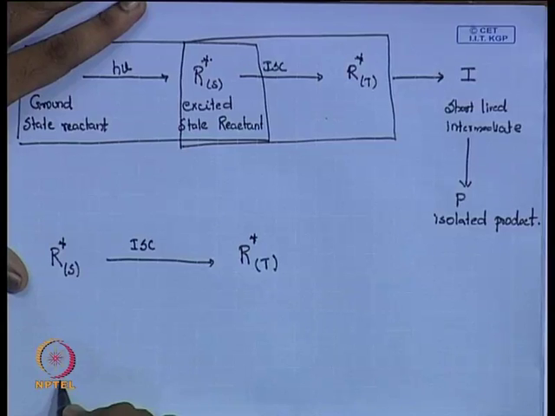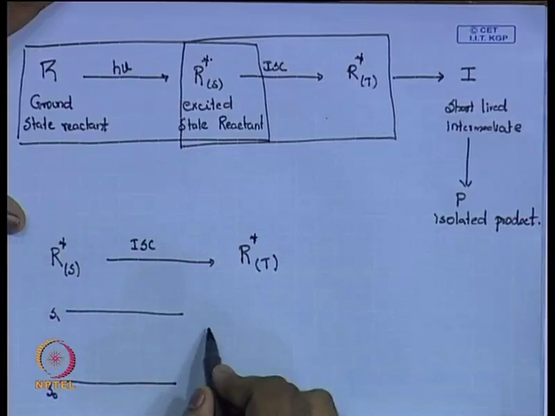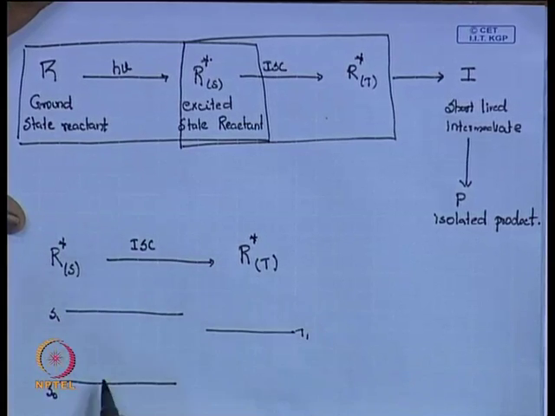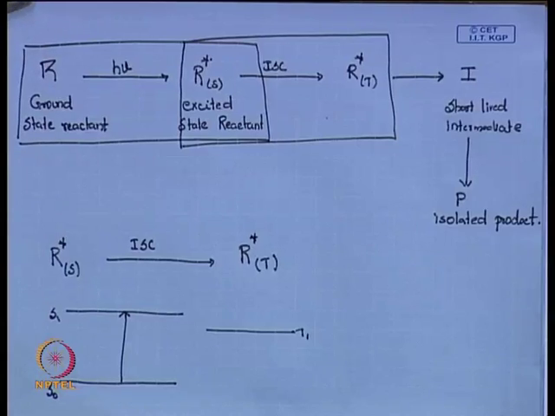So, we said that you have an S0, you will be having an S1 and you will be having a T1. So, your S0 can go to S1. Now, this S1 can come back to your S0. It has an option of doing two things, right.